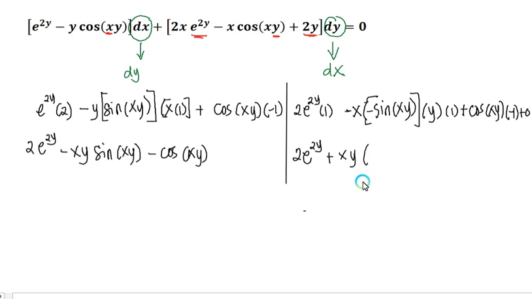So we have plus xy multiplied by your sine xy, plus. Okay, so minus kami negative 1. So we have minus cosine xy.